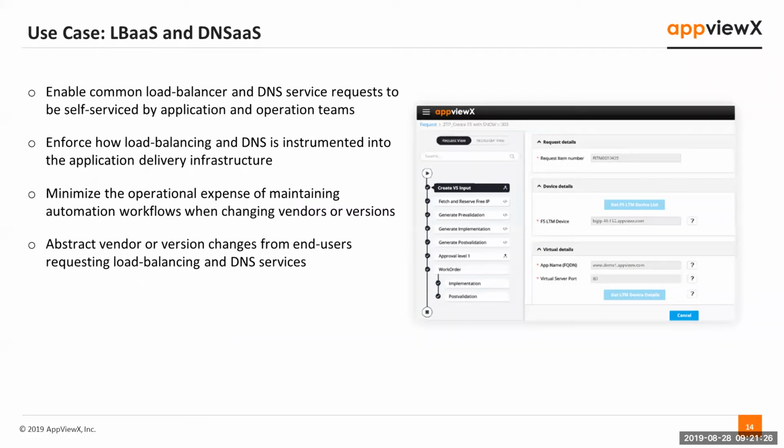You can enable common load balancer and DNS service requests through the self-service catalog that was offered through the visual workflow design palette. And that would allow the application owners and operations teams to harness, to embrace those well-defined workflow tasks or routines, and thus extending the load balance and DNS type components as a service.